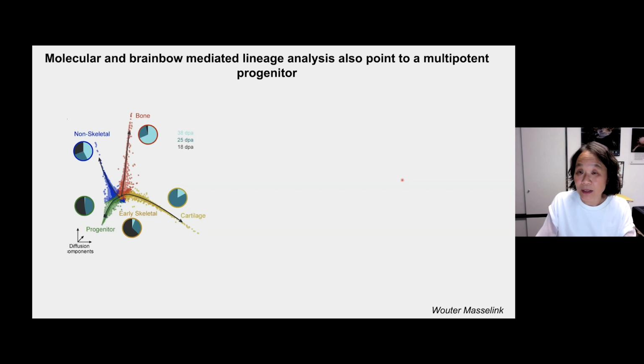And so the question was whether the blastema cells also do this. And Josh's movies indicated that they do. But we could use the single cell sequencing data set to generate trajectories that did indeed predict that we have a progenitor cell whose descendants could likely generate cartilage, bone, and non-skeletal soft connective tissue cells.